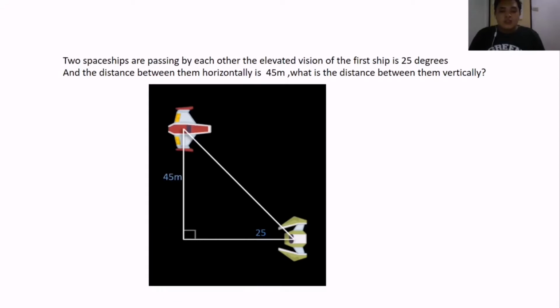The given is opposite, and what we are looking for is our hypotenuse. Thus, you put B on it, and this time we will use sin. So sin beta equals opposite over hypotenuse. Now, based on our given, sin 25 degrees equals 45 over hypotenuse.